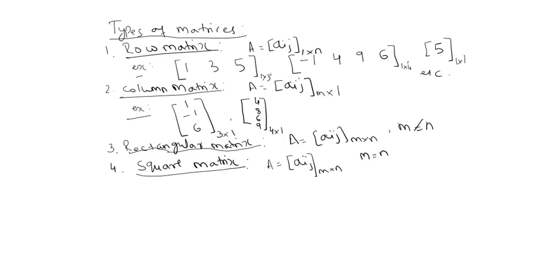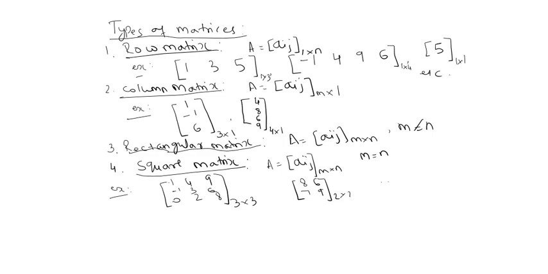So example for this we can write 1, 4, 9, say -1, 3, 6, 0, 2, 8. So this is a 3 by 3 matrix, means 3 rows, 3 columns. Similarly we can have 8, 6, 7, 9. So it is a 2 by 2 matrix. Similarly we can have n by n matrix. This is a square matrix.